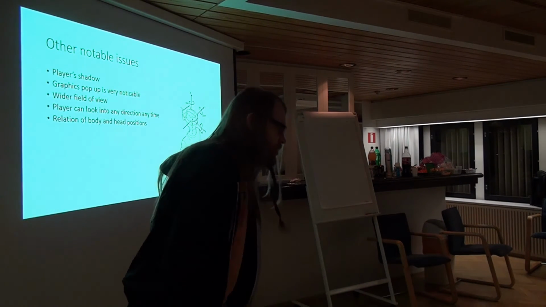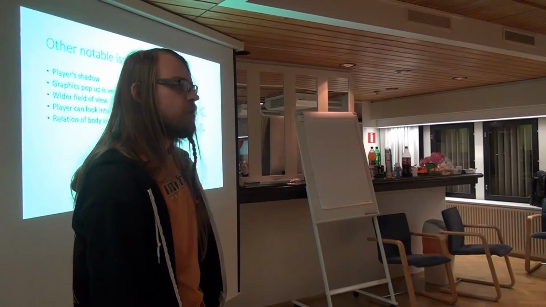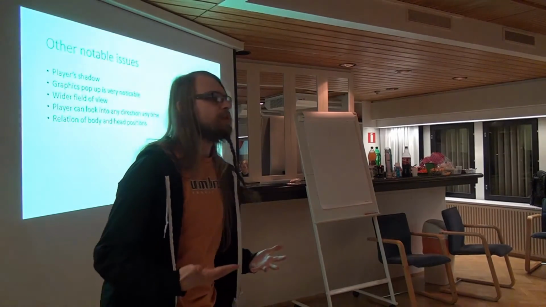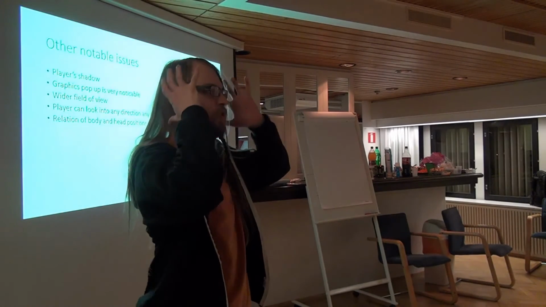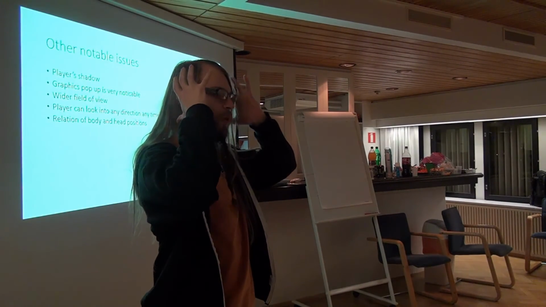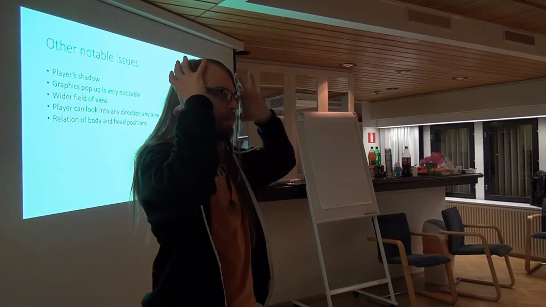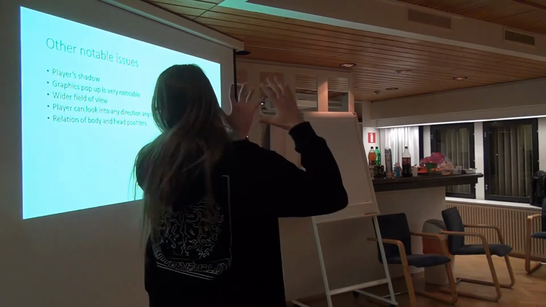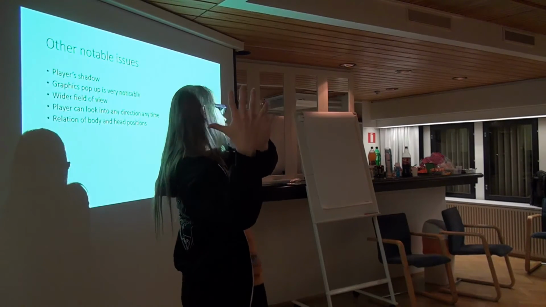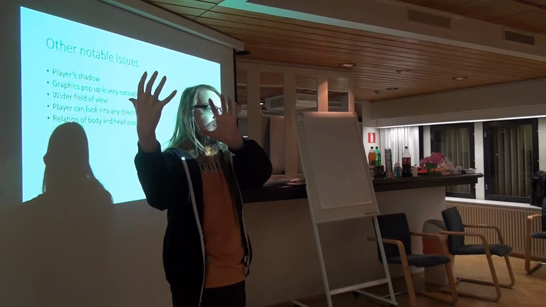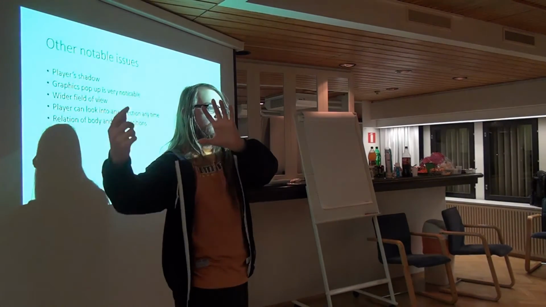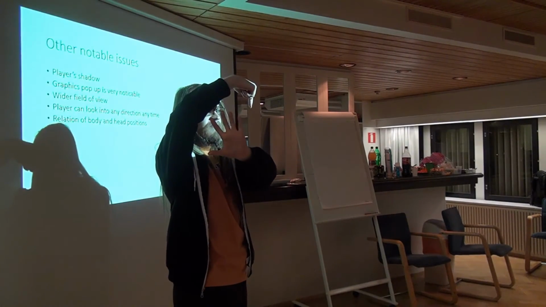And then the relation of body and head position. You can reset the Oculus Rift or any other HMD to be like, this is your original position of playing. But then if I have a swivel chair, I might spin around and go here. But this is still my original position. So our player might be here, our collisions might be here, but the player's head is actually here.